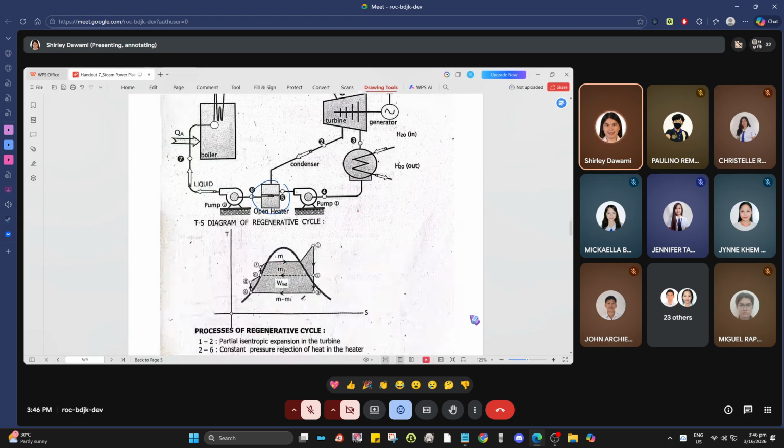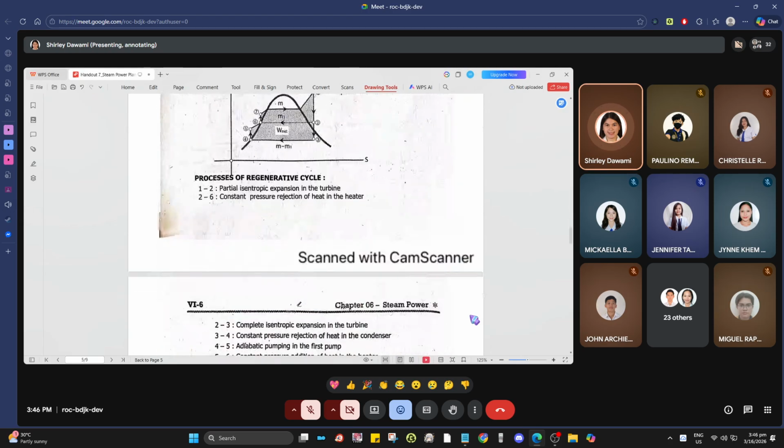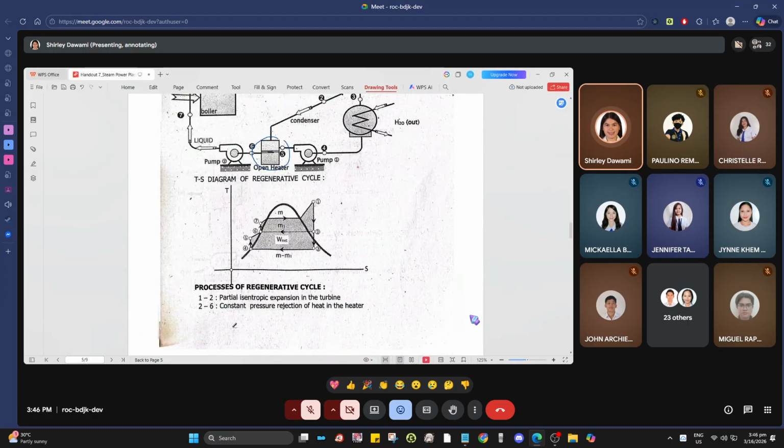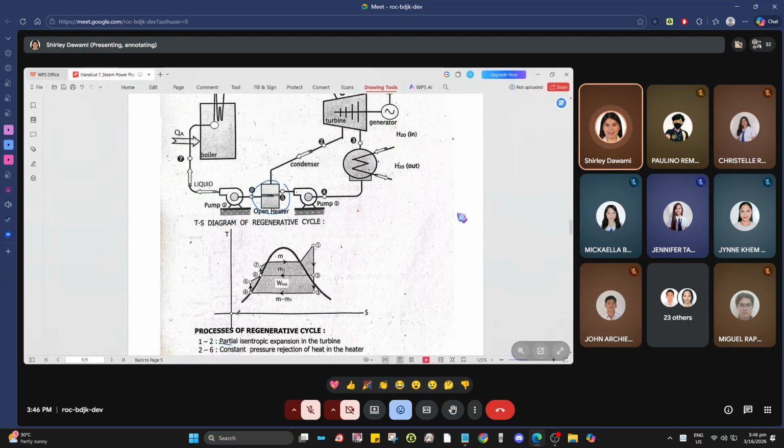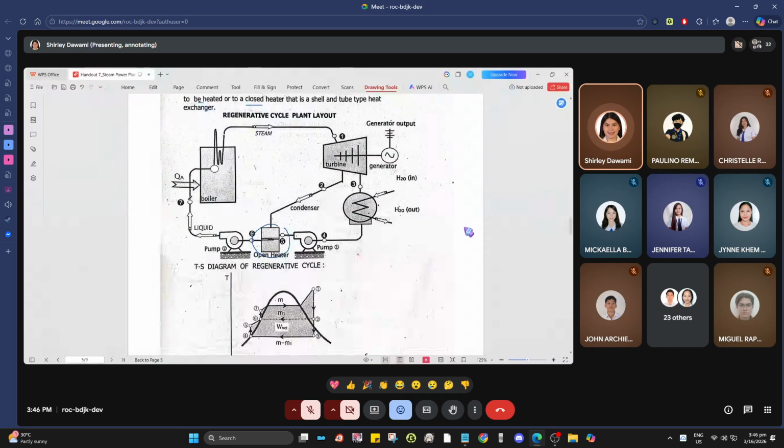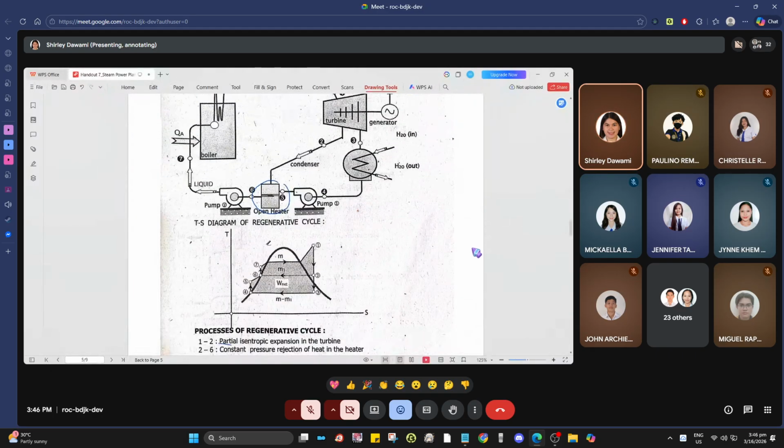Okay, so let's see process 1 to 2. It is the same: steam is generated in the boiler as superheated steam. Then it undergoes partial isentropic expansion in the turbine.